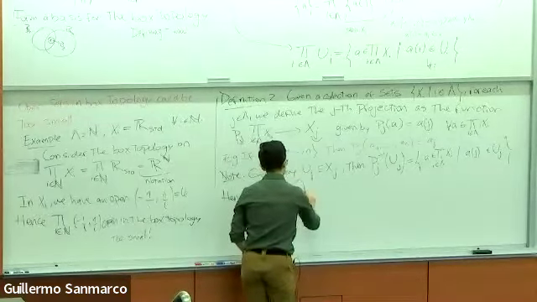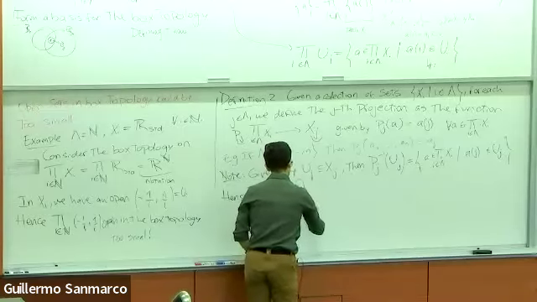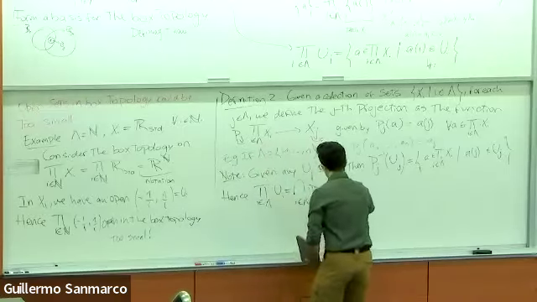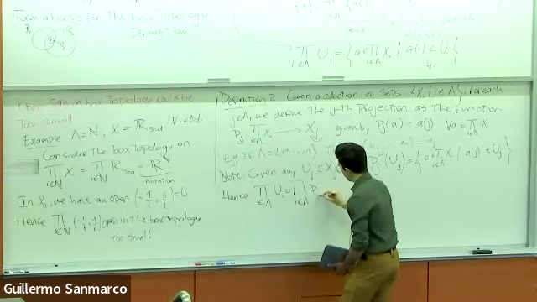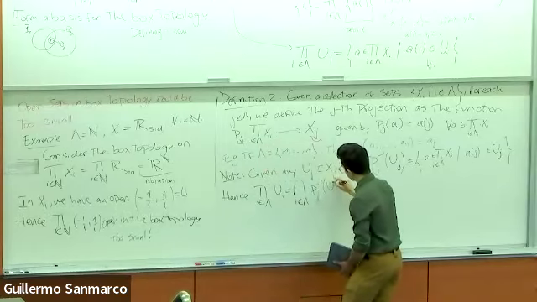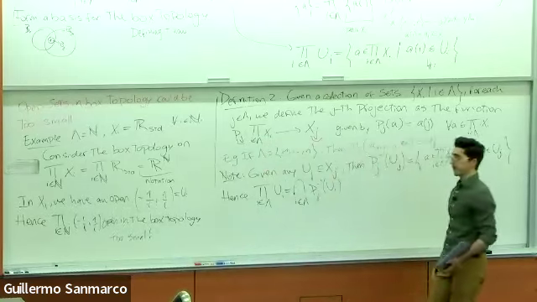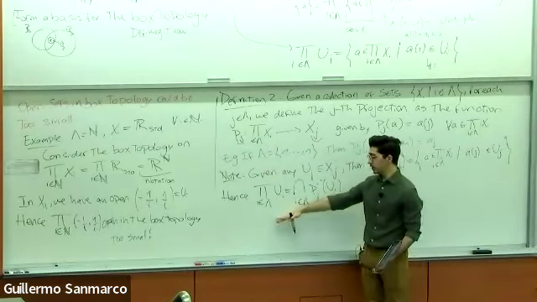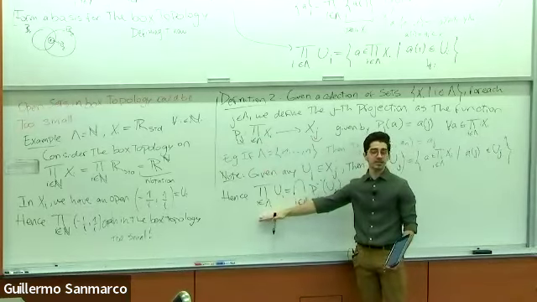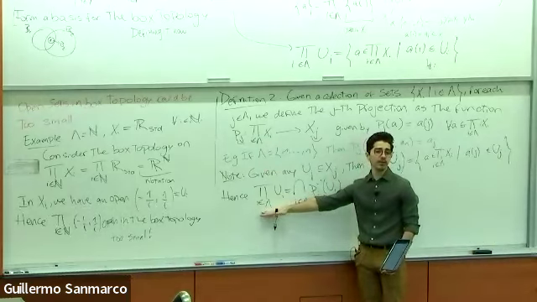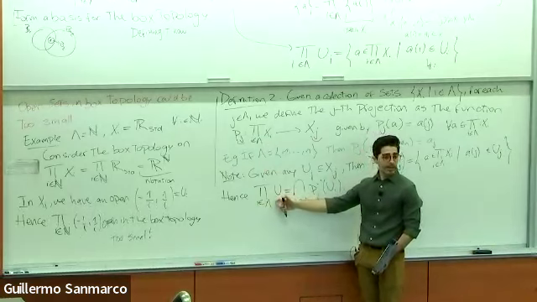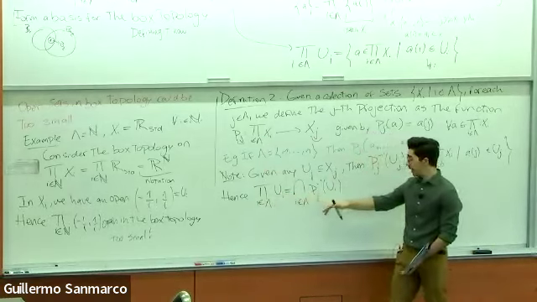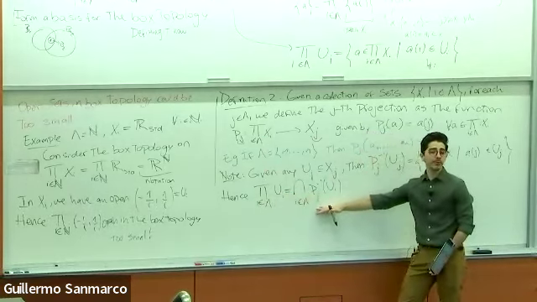This is just going to be the intersection over i of the preimage under the projection of the corresponding ui. So this is very formal. An element here is a function such that the ith coordinate is not only an element in Xi, but further in ui, in this subset. And here, I'm just saying that for each different i.